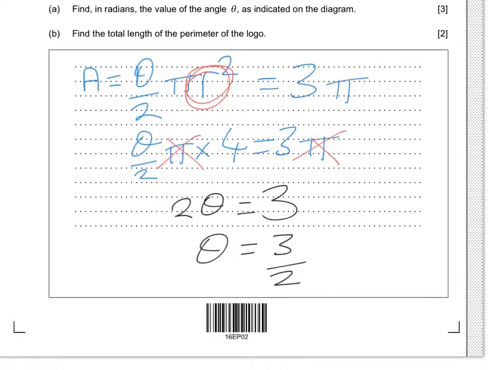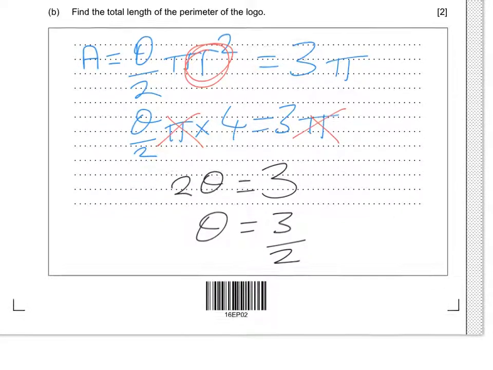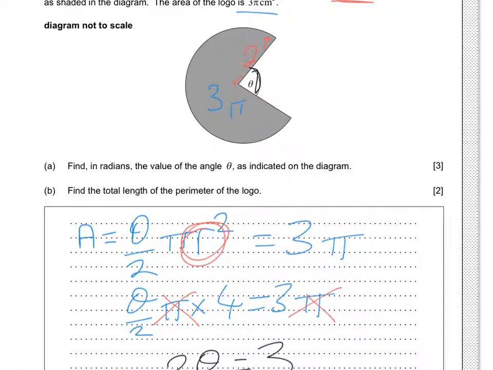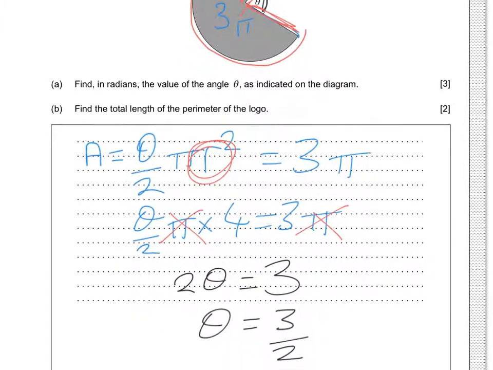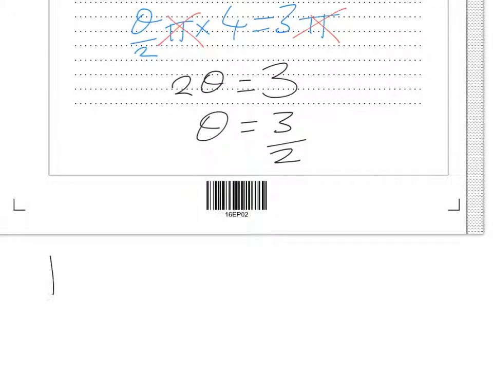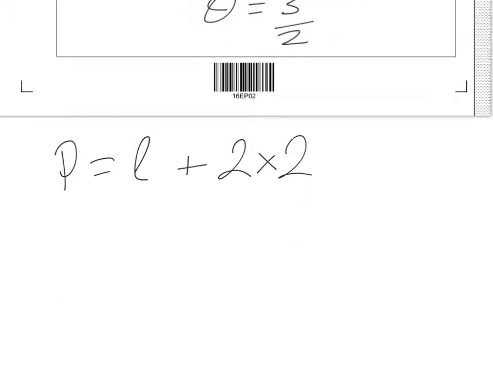Find the total length of the perimeter of the logo. Well, the perimeter of the logo is made up of this big arc length, plus these two sections here. So the perimeter is given by, and again we have a formula for arc length, plus the two sections of the perimeter, two radii, 4.